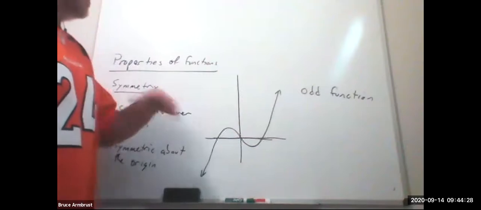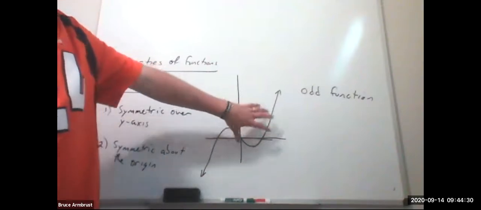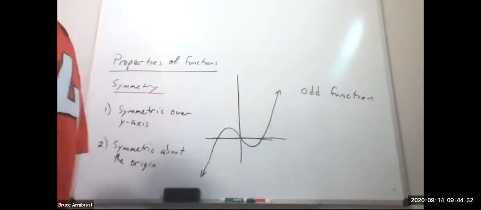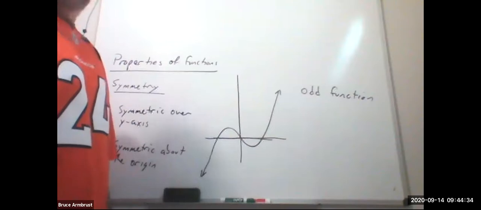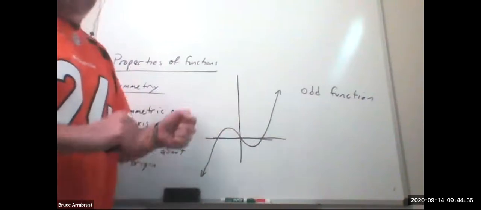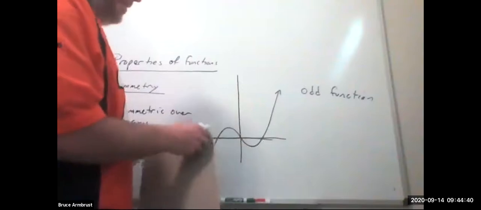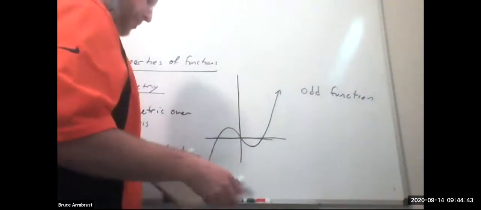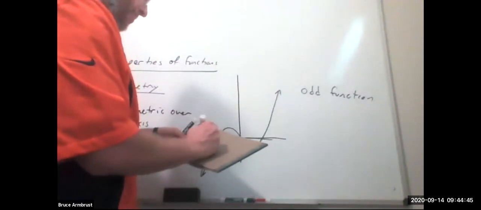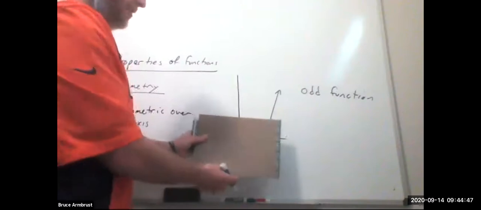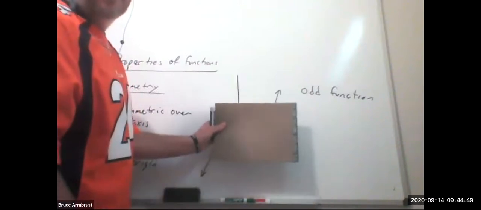But here's how I like to think about it, is if I were to rotate it halfway around, it's a little bit hard for me to pick up my whiteboard and turn it, but you can imagine if I had this on a piece of paper. In fact, let's not imagine. Let's do it. I don't know if you can see it. I'll bring it in a little bit closer.